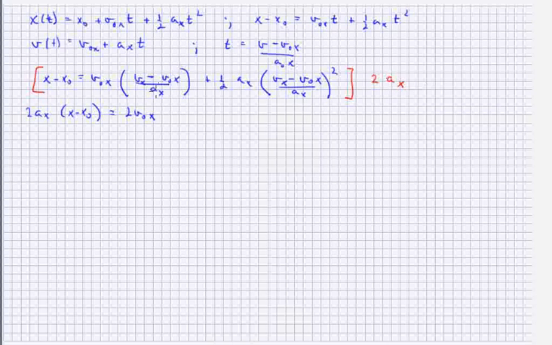This a sub x will cancel that out, and so we'll have another v x minus v naught x, plus this 2 cancels this. a x times a x is a x squared, so that cancels the a x squared in the denominator here. And basically I just have a v x plus v naught x squared.